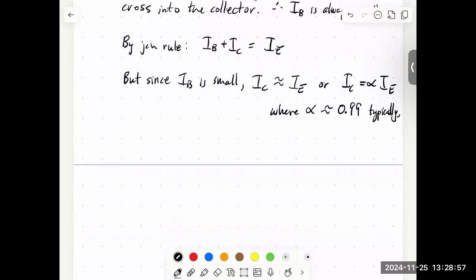If I solve for I base, it's going to be I emitter minus I collector. If I write the collector current as alpha I emitter, I can factor out the I emitter and I get I emitter times 1 minus alpha.